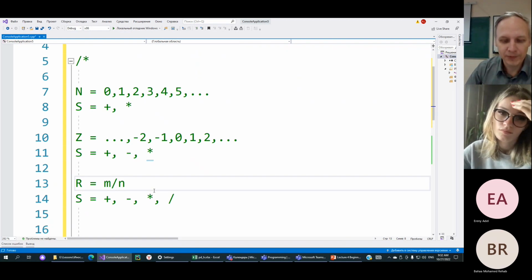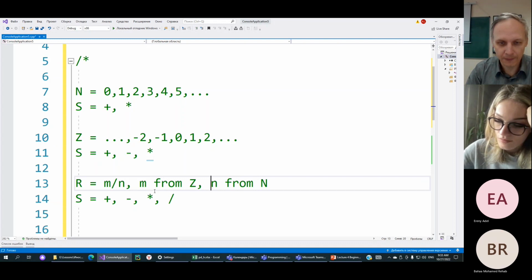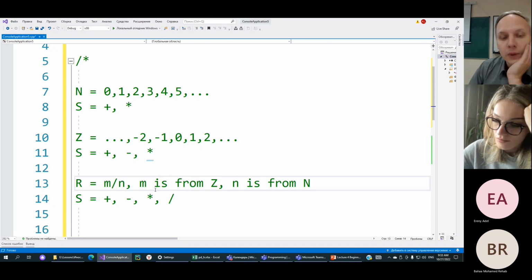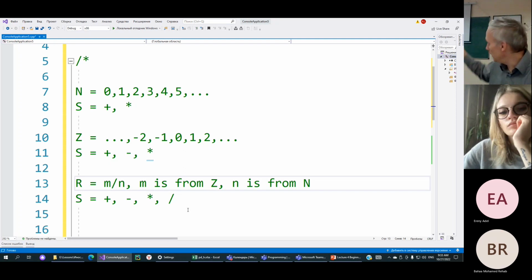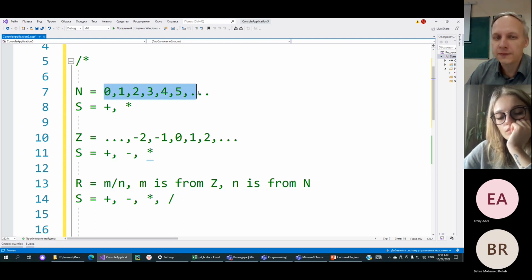Here m is from Z and n is from N. Well, the notion of class of numbers or data type, you see in these examples, includes two sets: set of values and set of operations.